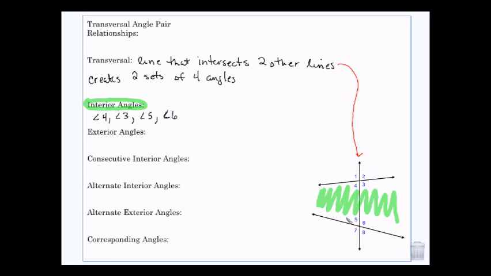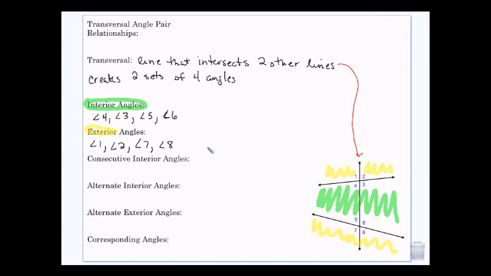So all of the angles that are on the inside between the two lines. The exterior is the part that's on the outside of the two lines that are being transversed. And so I have 4 exterior angles, and those are angle 1, angle 2, angle 7, and angle 8.